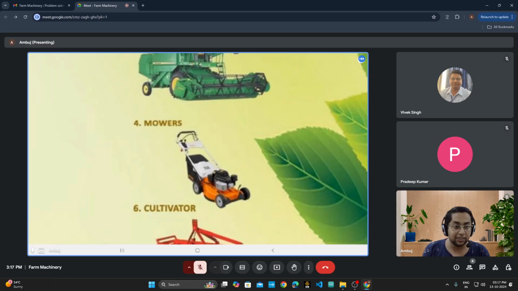Reaping means you are cutting the crop and laying it down in a standing upright position, transferring the crop aside, either to the left side, right-hand side, at the back or at the front. The standing position of the crop is maintained to a much larger extent, and it is gently dropped aside of the machinery. This is done when the crop being cut has economic value and is very useful for us.